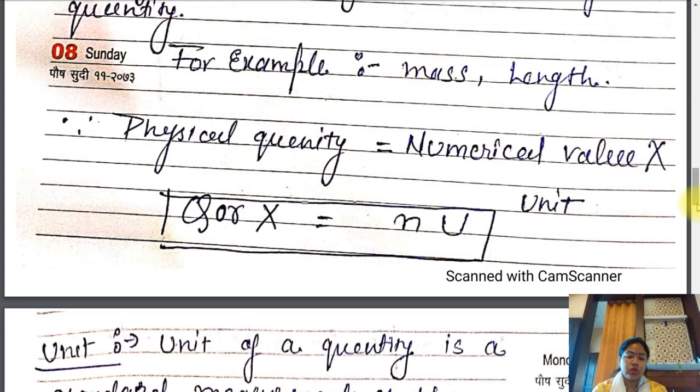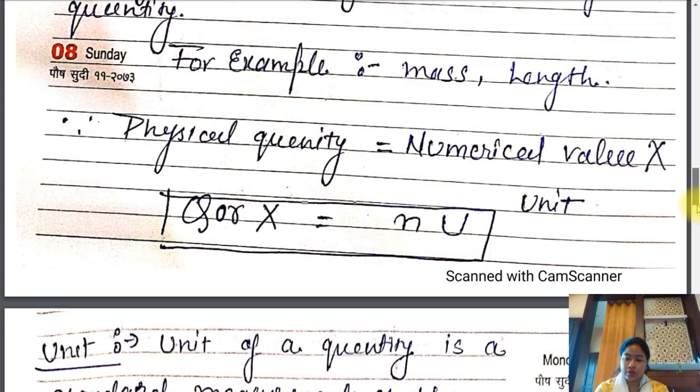Kg is the unit of that particular quantity, that is, in the given example, mass. So in any condition, any physical quantity is defined as the product of the numerical value and the unit.